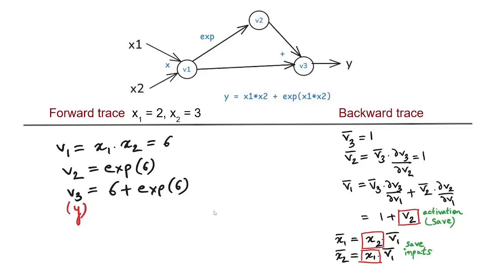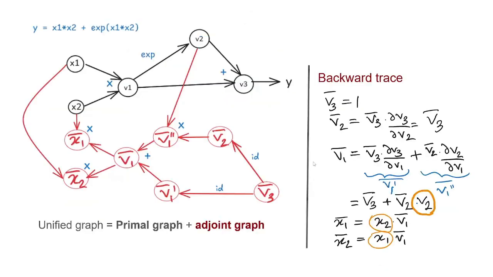It's more common to actually have a separate computation graph for this backward pass. So here we add another component to the original computation graph. The red part represents the backward path. Here's our original graph, and in this case it's called a primal graph.